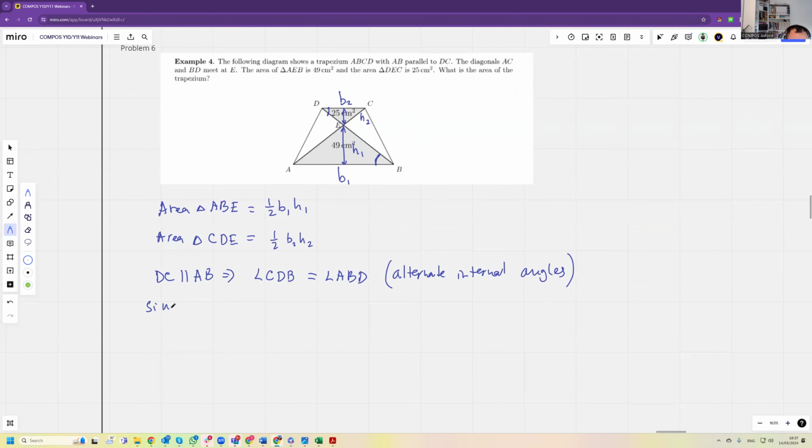Similarly, angle DCA is equal to angle BAC for the same reason, alternate interior angles. So this angle is equal to this angle.